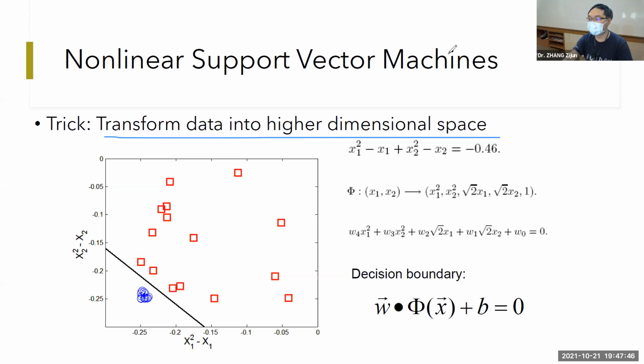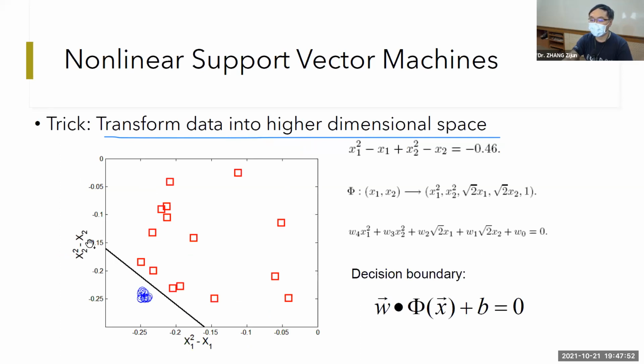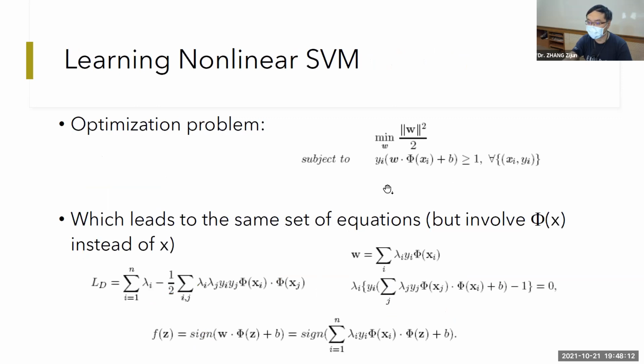In this example, the original space is like this, but by applying a kernel, projecting it to here, by such a transformation, the data becomes linearly separable. This is the magic of a kernel function.